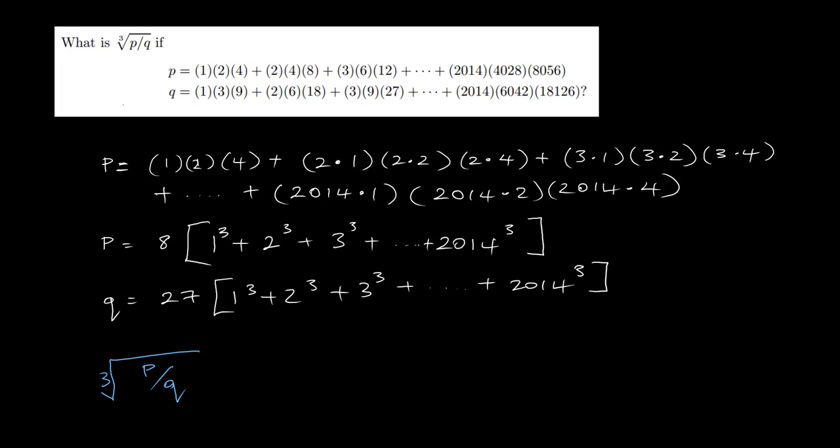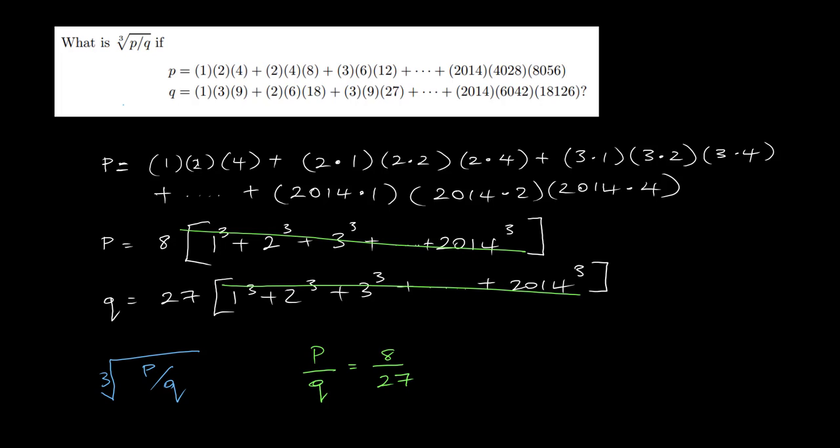Now let's actually put p over q and see what we would get. p over q would simply be 8 over 27, because all of this in the brackets would actually cancel out each other.